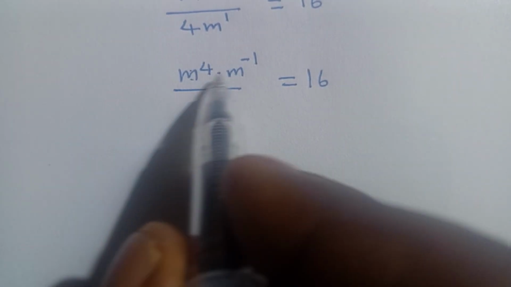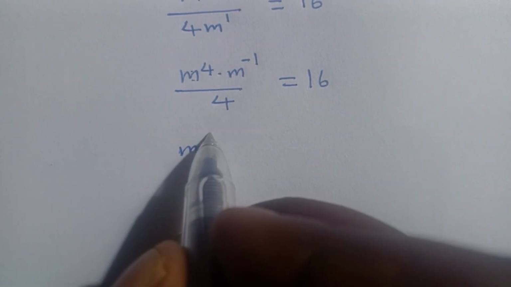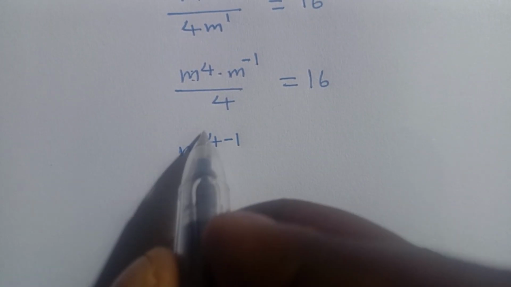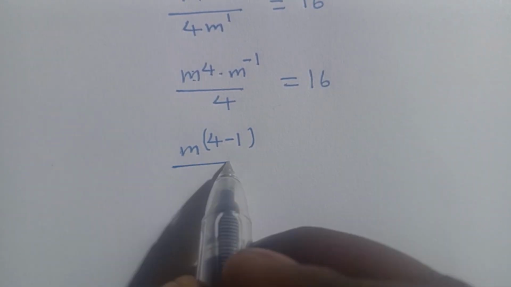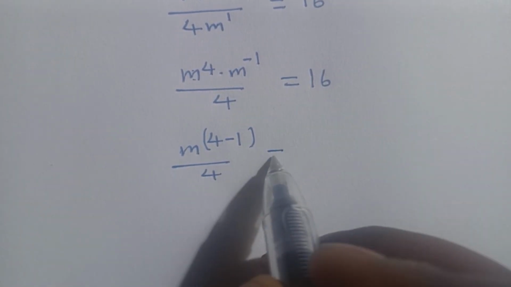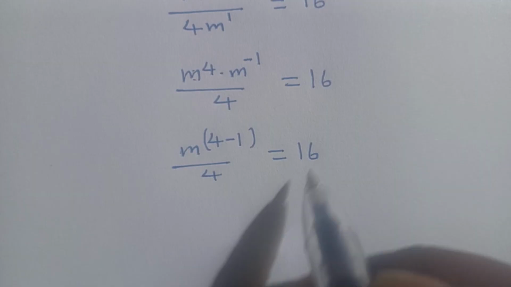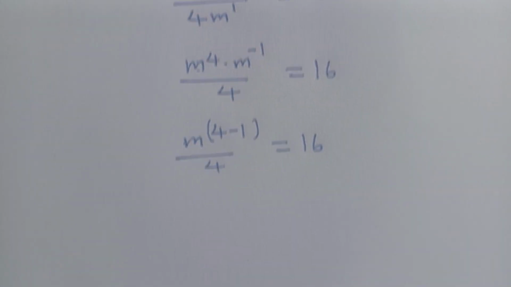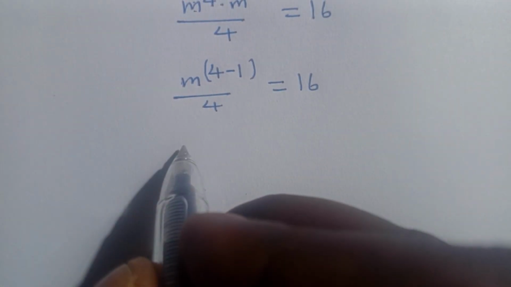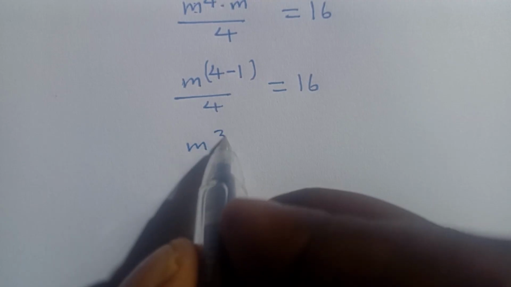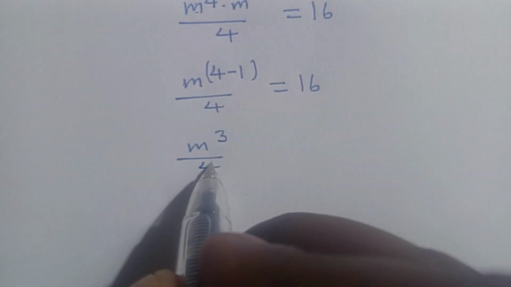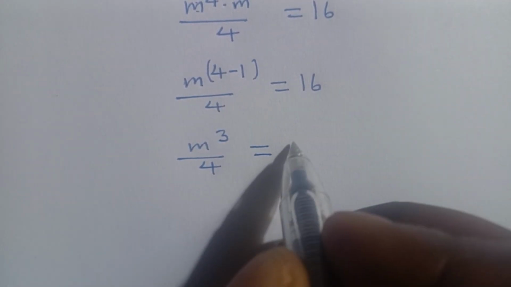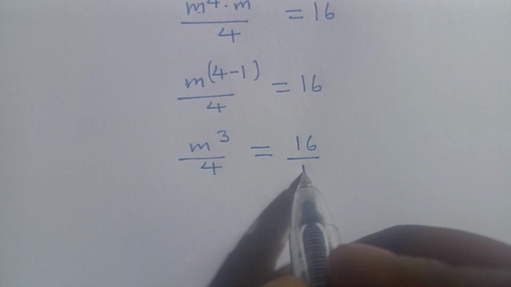Then m to the power 4 minus 1 over 4 equals 1/6. M raised to 3 over 4 equals 1/6 over 1.